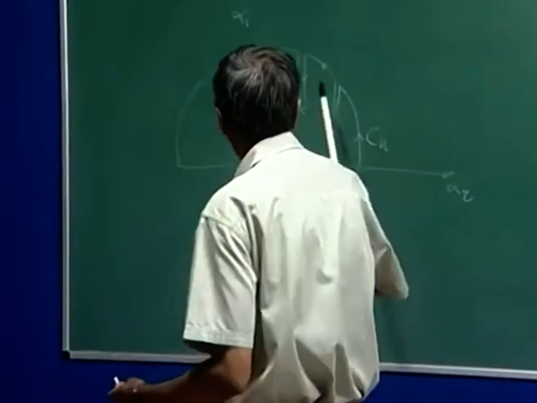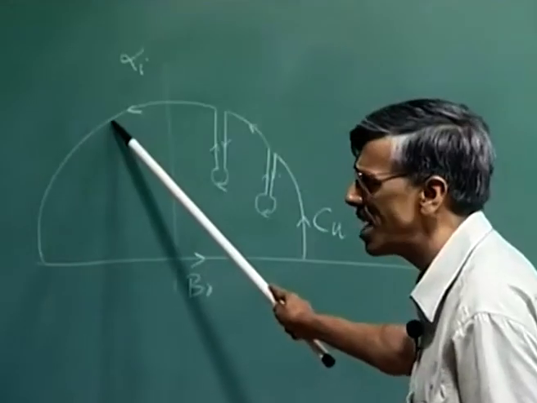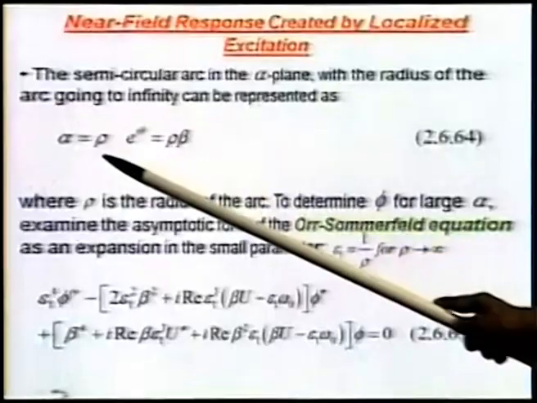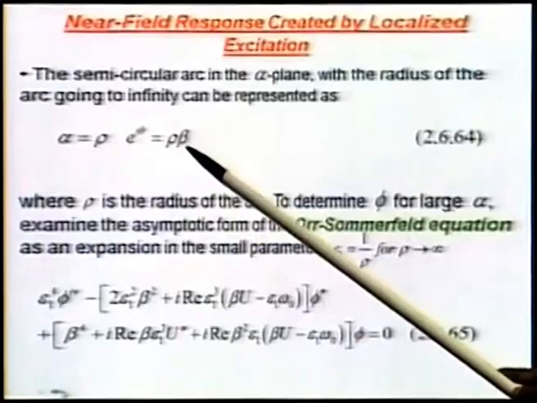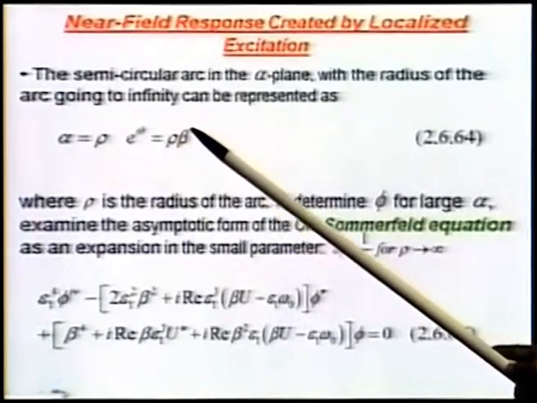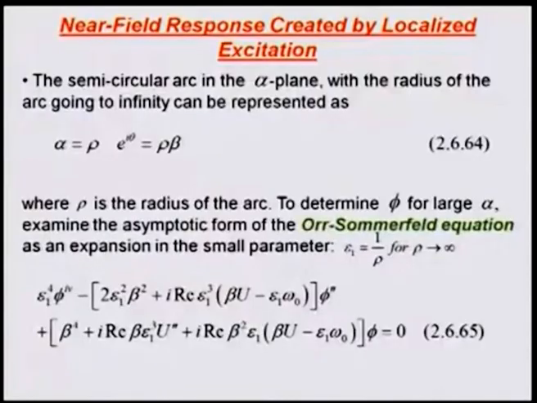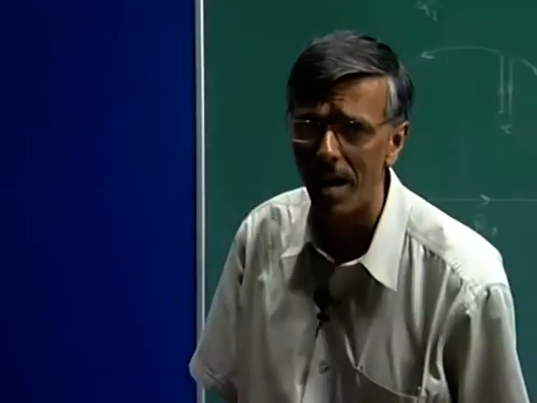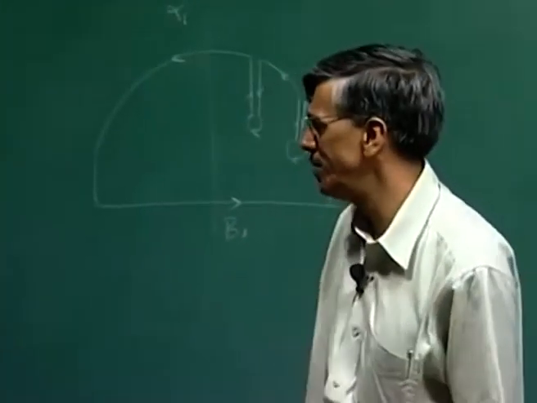So along any such location, I could represent the wave number in terms of the radius and a phase part, which I may call e to the power i theta, or I can write a shorter notation, call it simply beta. So beta has beta real and beta imaginary.